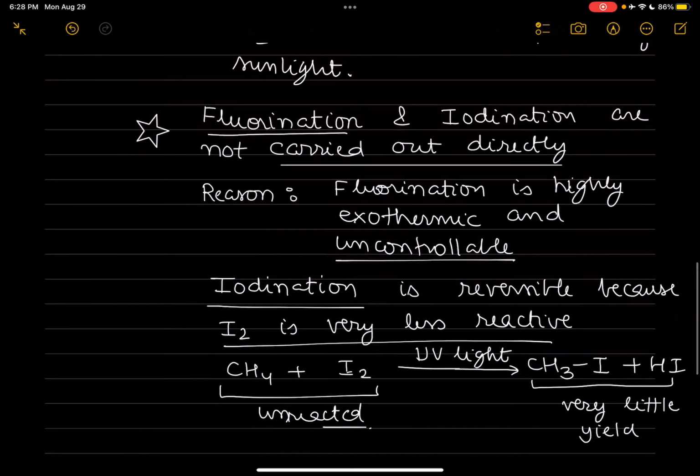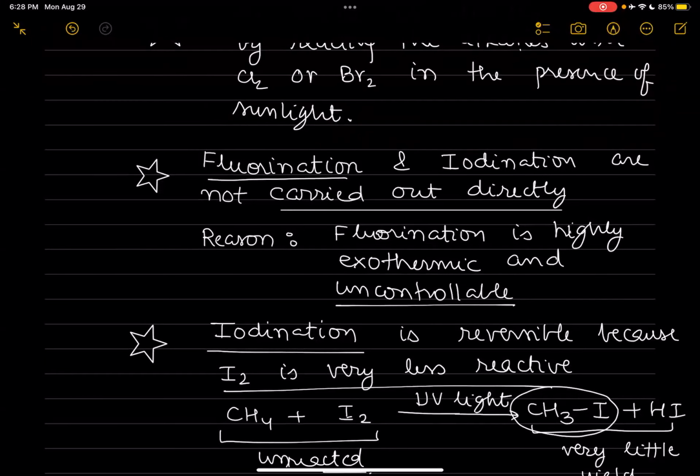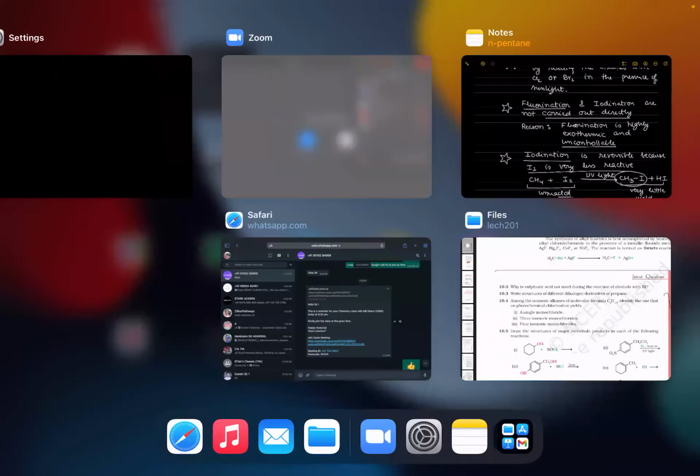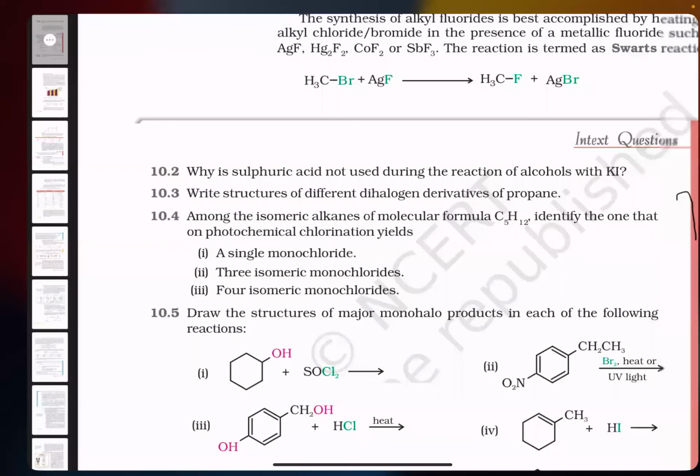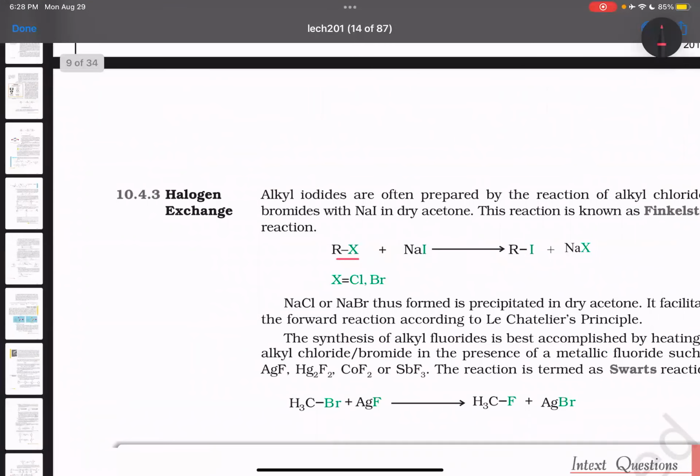So you can't prepare iodobenzene or iodoalkane and fluoroalkane directly. You use some other method. What you do, you take chloroalkane or bromoalkane, which you can prepare directly, and you heat it with sodium iodide.